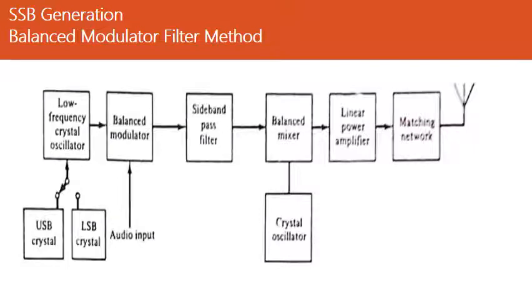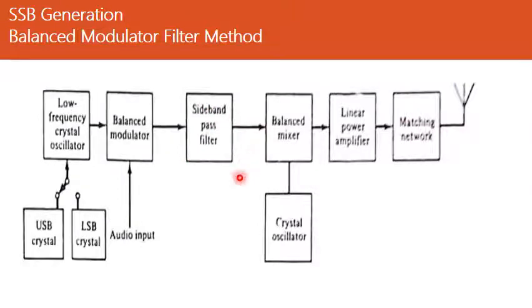In this slide we are going to discuss SSB generation with the help of the balanced modulator filter method. The early SSB transmitter used a balanced modulator circuit to generate the double sideband suppressed carrier signal, followed by a sideband pass filter in order to remove the unwanted sideband.